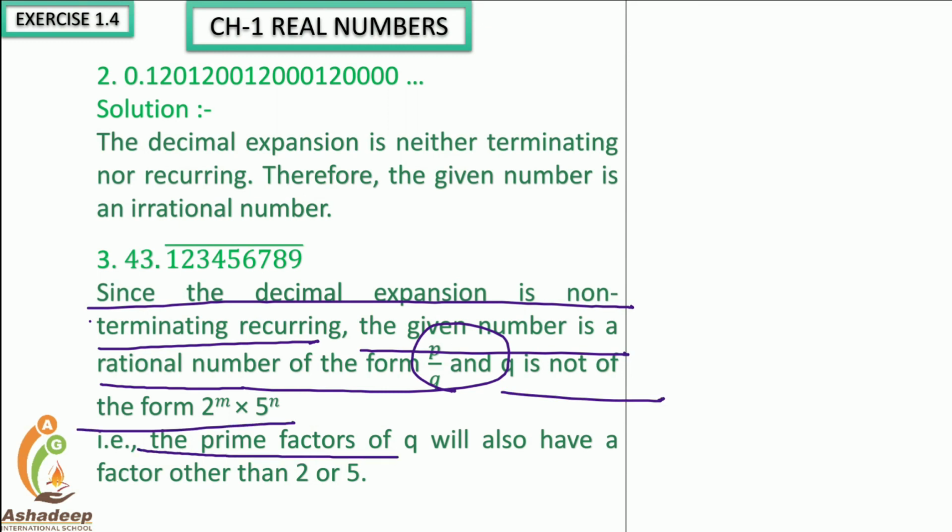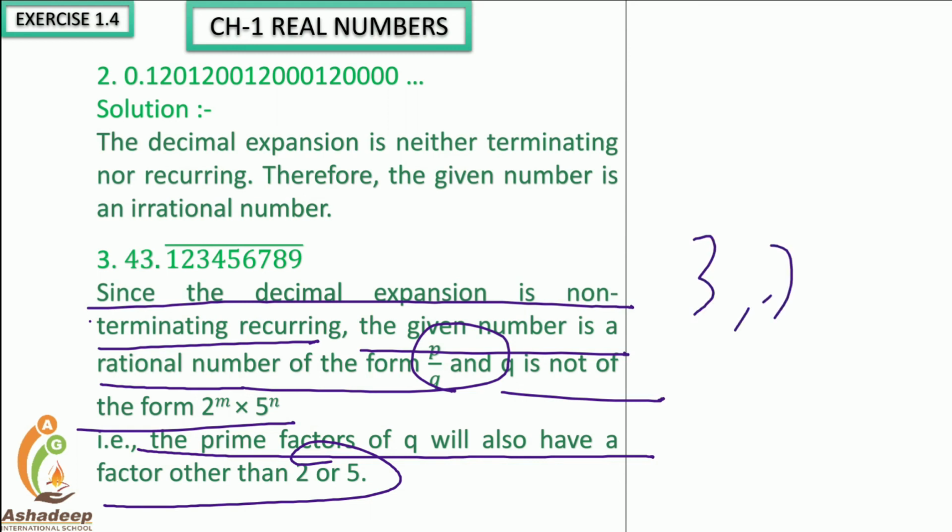The prime factors of q will also have factors other than 2 and 5. It might have only 2, it might have only 5, but also other than 2 and 5, for example 3, 7, etc.